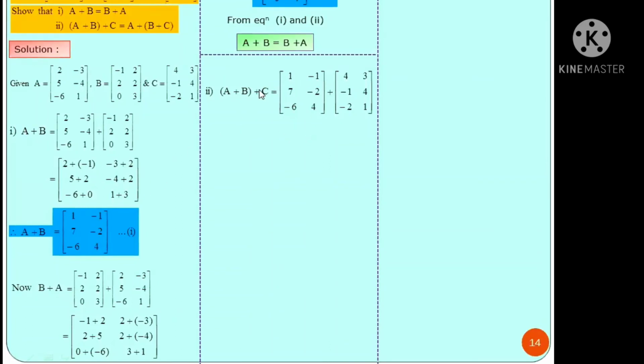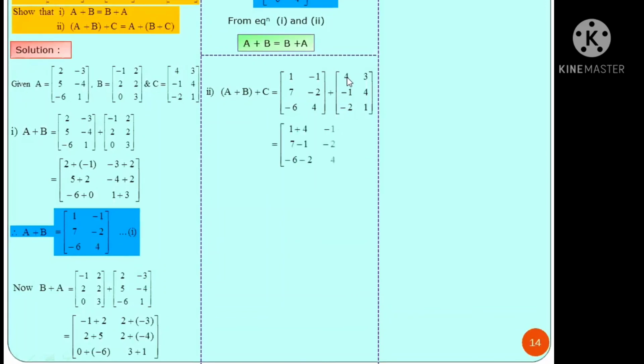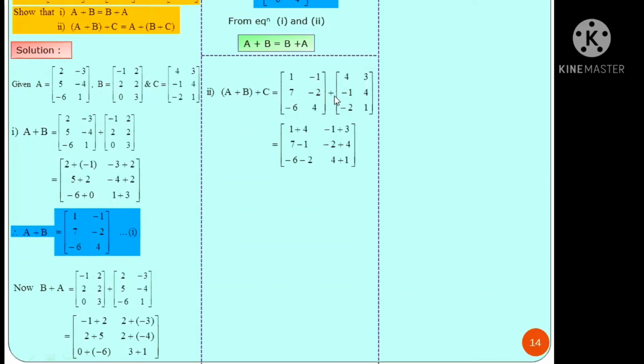And plus the third matrix C, elements 4 minus 1 minus 2, 3, 4, 1. Addition for these two matrices, both having the same order. Addition is obtained, 1 plus 4. Next, minus 1 plus 3. Next, 7 plus minus 1.